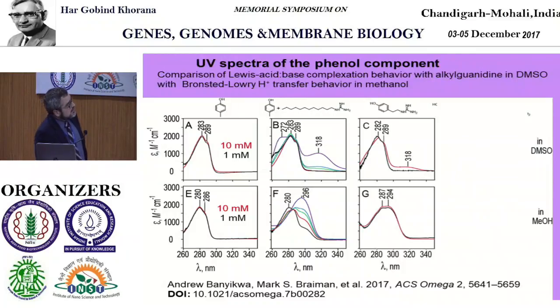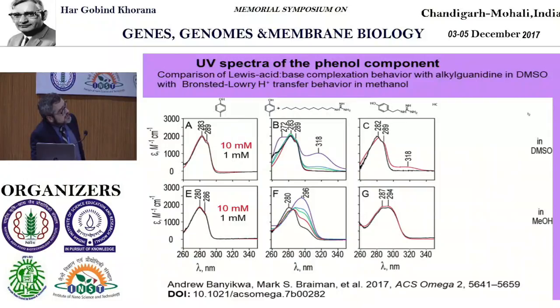You can see this most clearly by looking at the concentration dependence of the spectrum of this molecule. This is the one that I showed you a crystal structure of on the last slide. This is the free base of guanidine attached covalently to a phenol. At very low concentration, this phenol is completely neutral. There's no sign of any ionization. As you increase the concentration, you form this band at 318 nanometers.